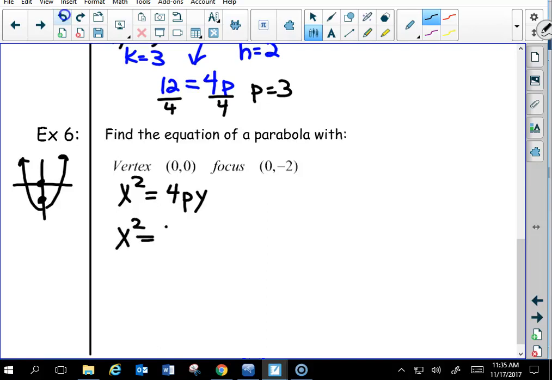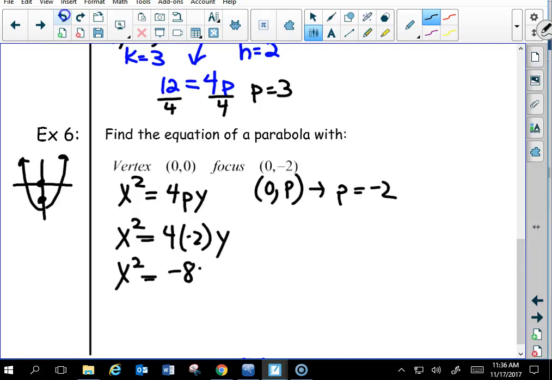X squared equals 4p y. If the focus is at 0, -2, that means that that is 0, p, okay? Which means that p is equal to -2. So -2, y. So I get the equation x squared equals -8y.